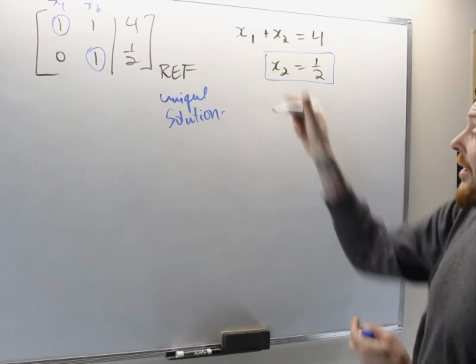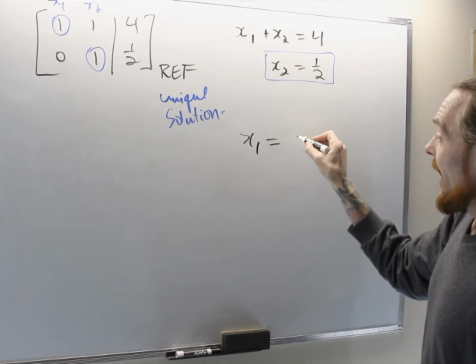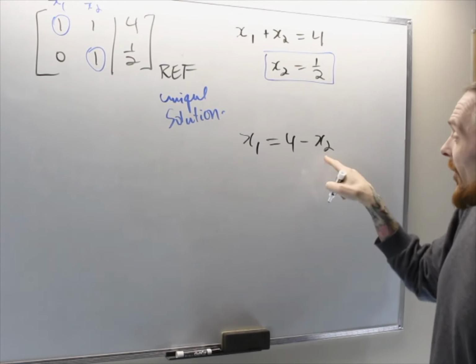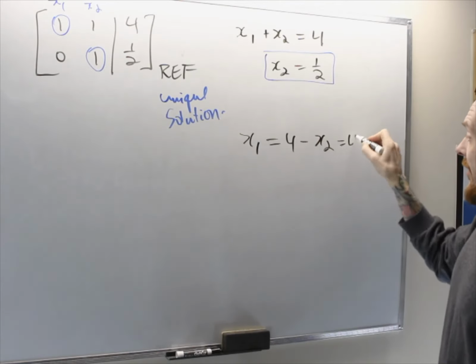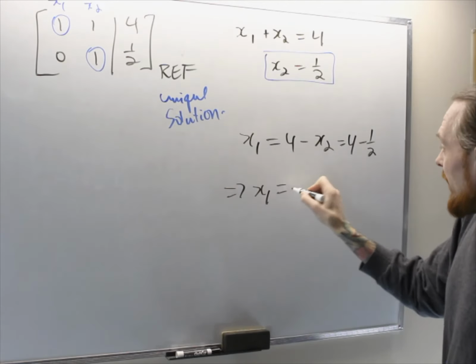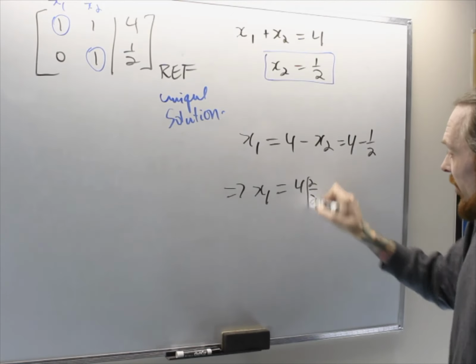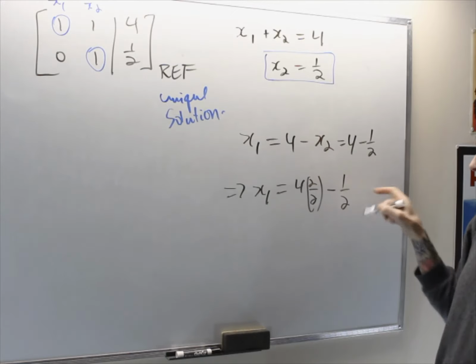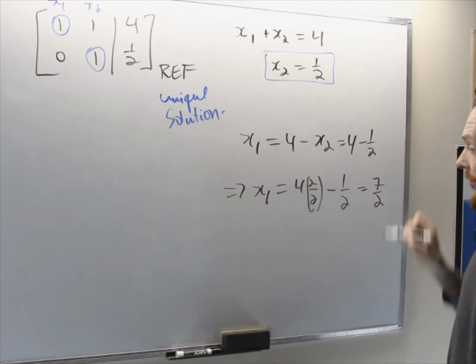To find x1, we solve for x1 in this equation. We see that it's 4 minus x2, and x2 is 1/2, so that's 4 minus 1/2. I'm going to multiply by 2 to get a common denominator, so I have 8 minus 1, which is 7/2.